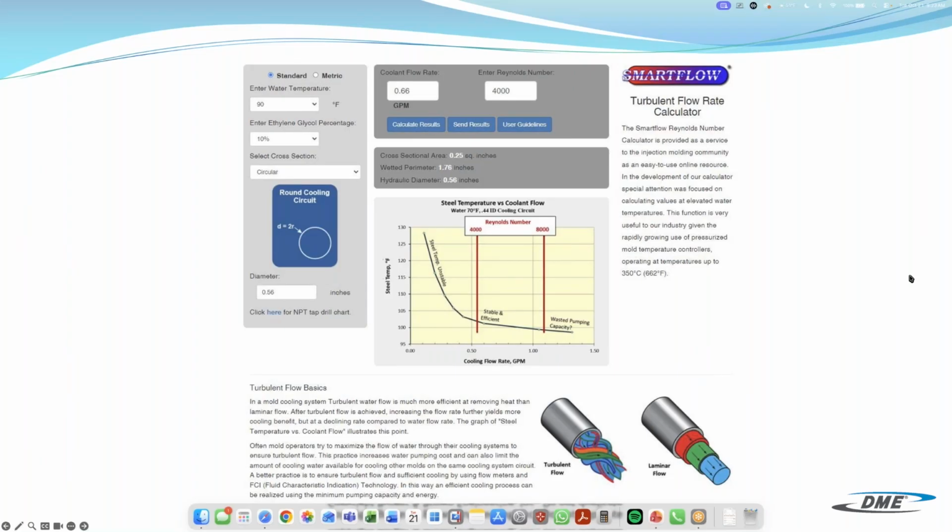We put the flow meter and the regulator on the return side, and we put the pressure gauge on the supply side, and we get to a known flow rate, let's just say 2.5 GPM through that circuit, and we check the pressure. We record the pressure at that time. We do that for every circuit. We document that, we save that.